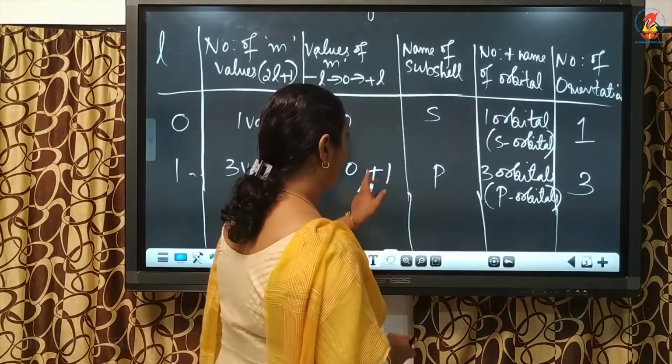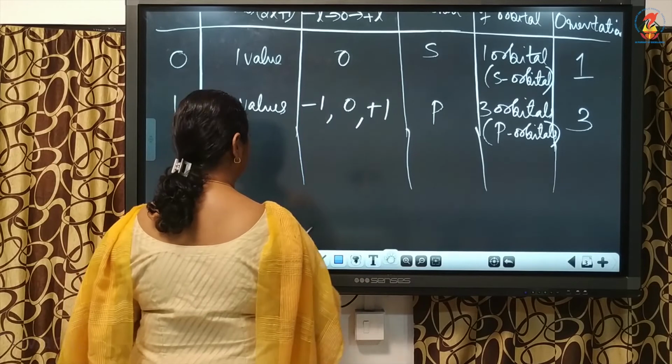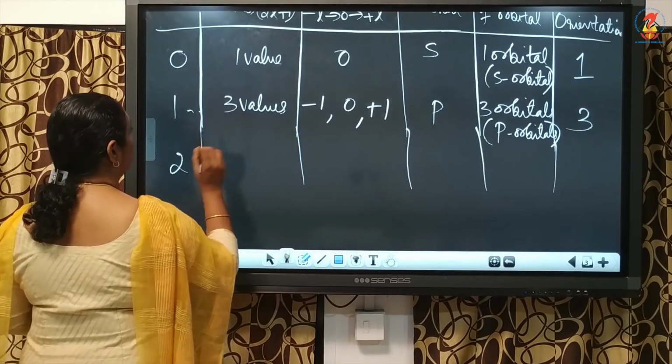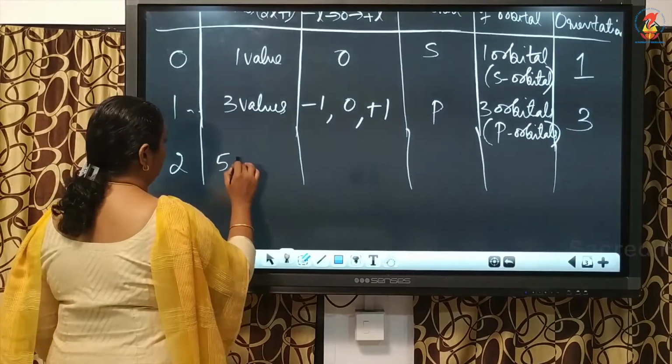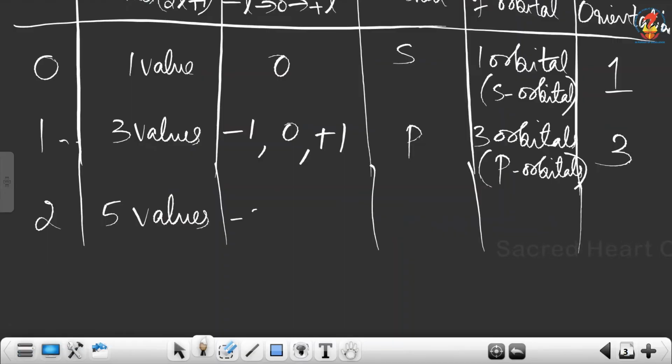Now, next we have L is equal to 2. So, 2l plus 1 gives 5 values for M, and the 5 values are minus 2, minus 1, 0, plus 1, plus 2. L is equal to 2 is the D subshell.